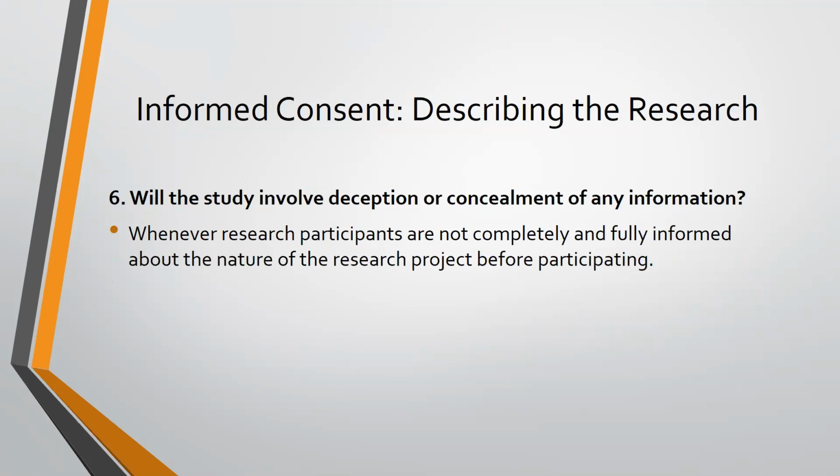So the next question, we're now getting to the portion of the application that has you describe things about your informed consent. And so one thing to think about in number 6, the question states, will the study involve deception or concealment of any information? And so remember that sometimes deception is necessary in research.